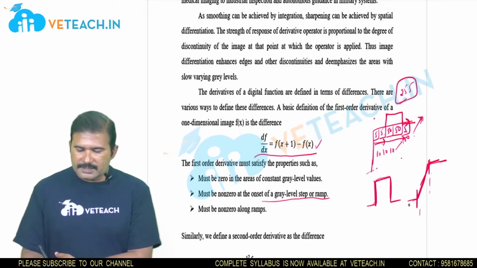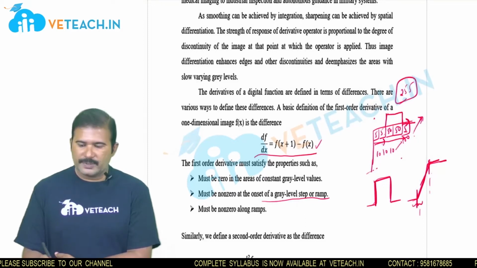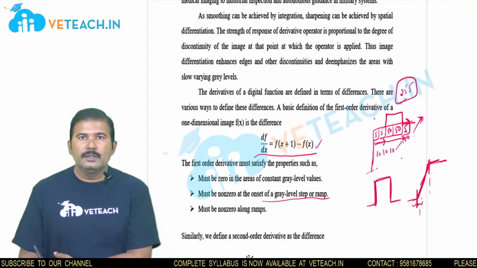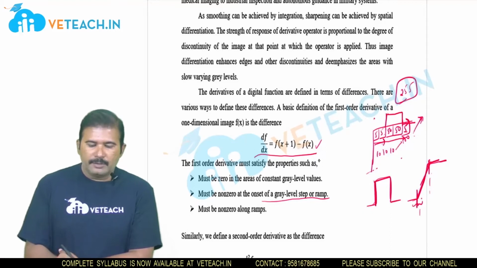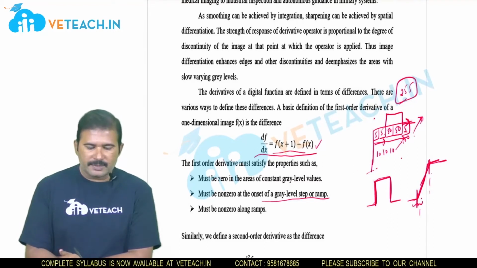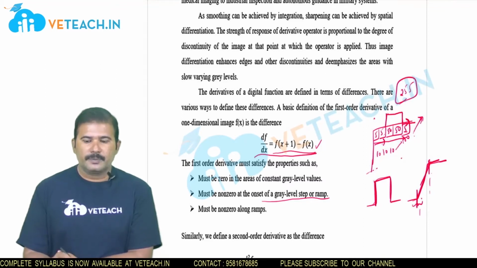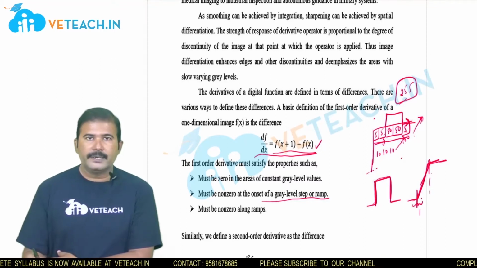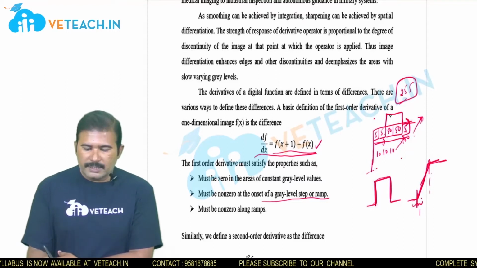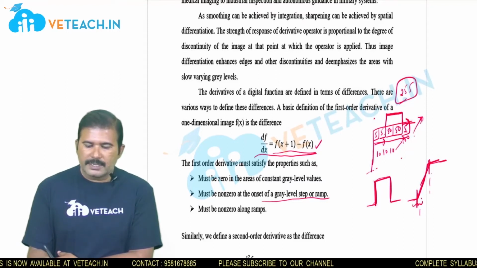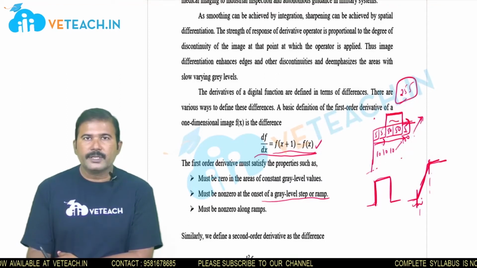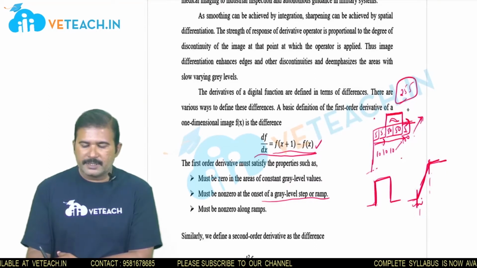Since there is a sudden change from the previous pixels to the onset value, at these points the derivative, the difference f of x plus 1 minus f of x, should be non-zero. That means this non-zero value is obtained at the onsets. But during the step, where both are 50 and 50, if you find the difference, it becomes 0.